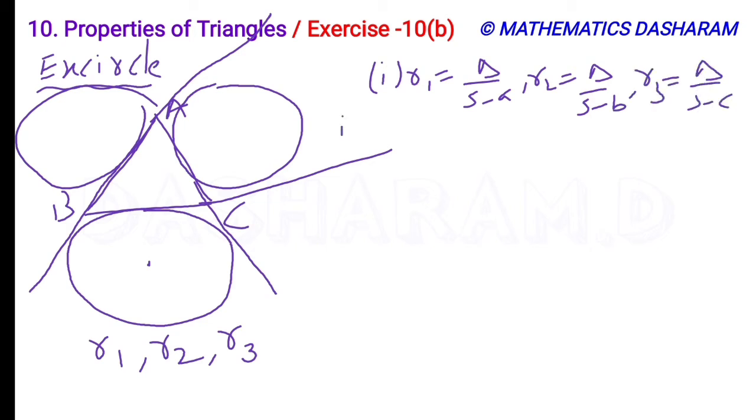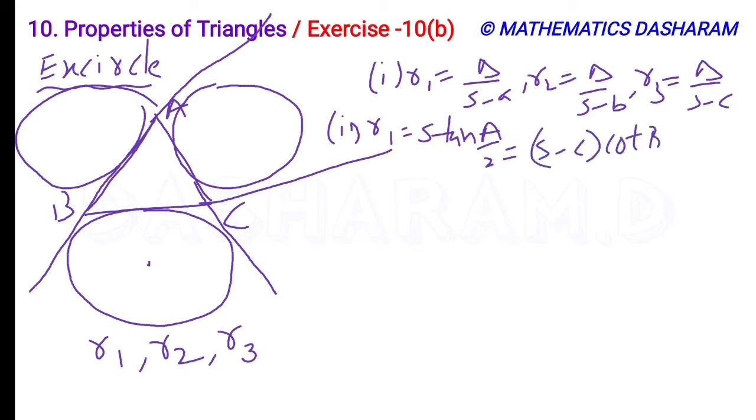Next, second formula, R1 equals s into tan A by 2 equals (s minus c) into cot B by 2 equals (s minus b) into cot C by 2.